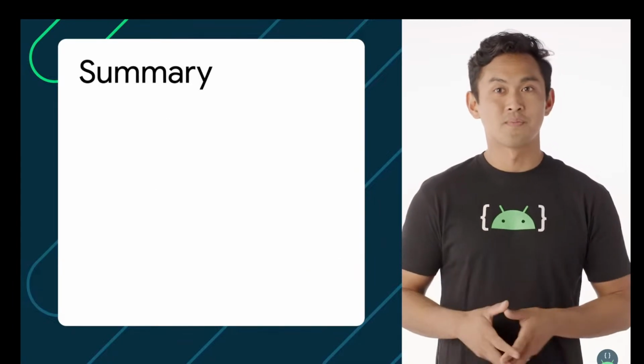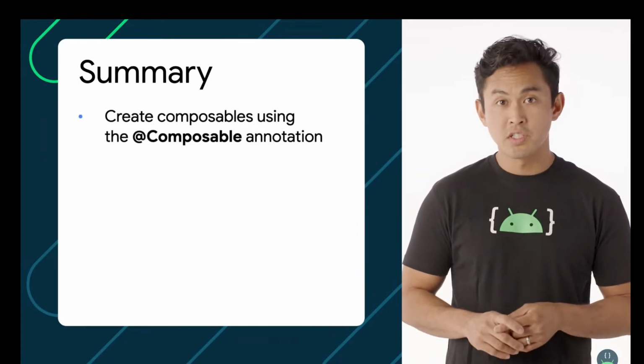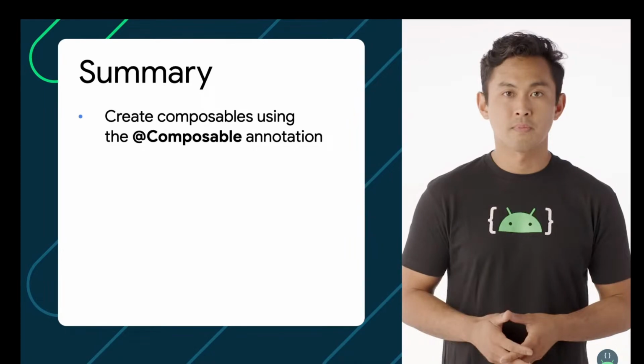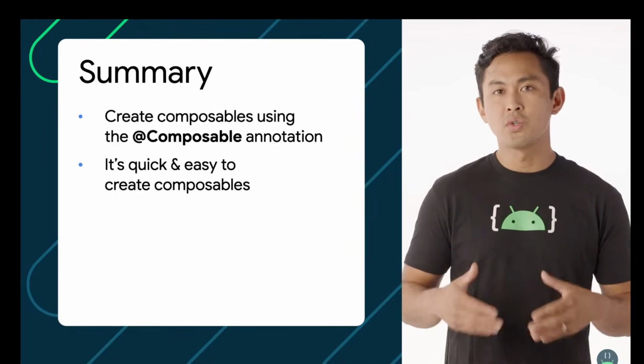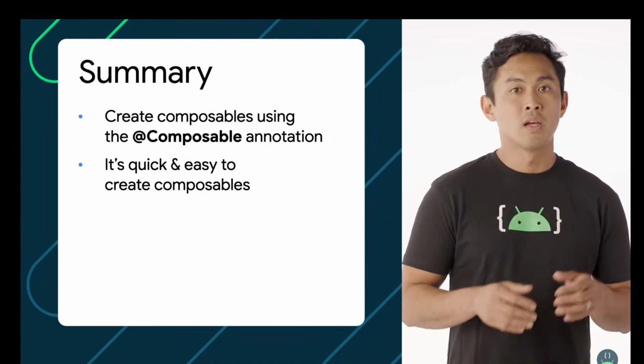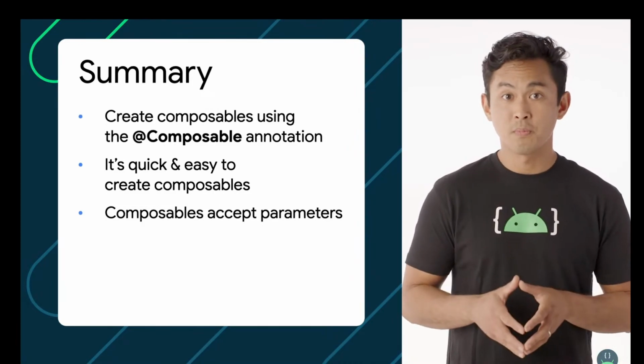We covered a lot, so let's do a quick summary. You can create composable functions by using the @Composable annotation. It's quick and easy to create composables, encouraging you to break your UI into a library of reusable components. Composables can and should accept parameters to configure their behavior.